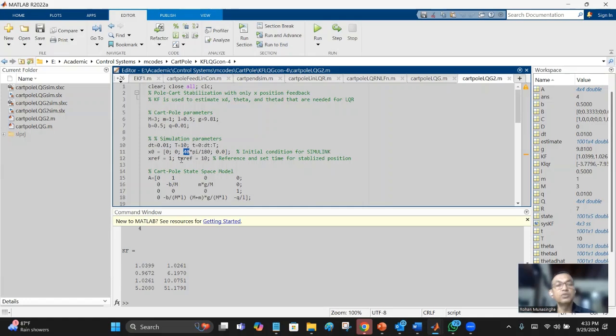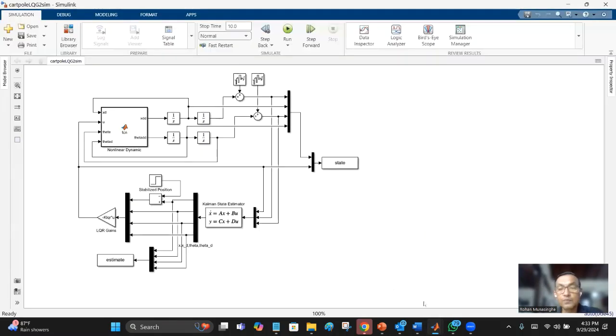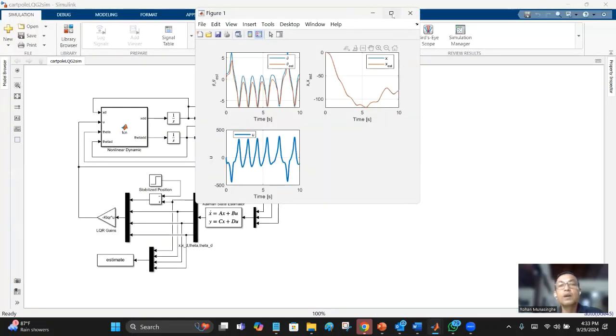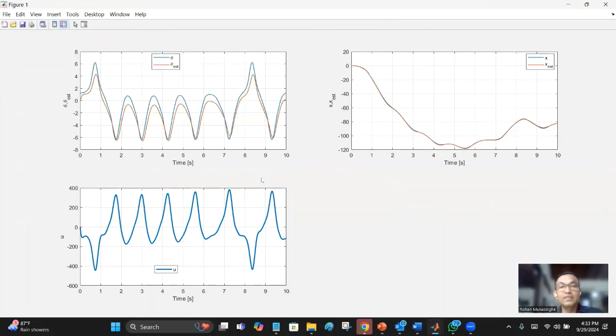So we can change this to, let's say, 50 degrees or maybe 70 degrees. What will happen? Now it is 70 degrees. It's not good. Can you see that? The theta and theta estimate are not complying with each other.